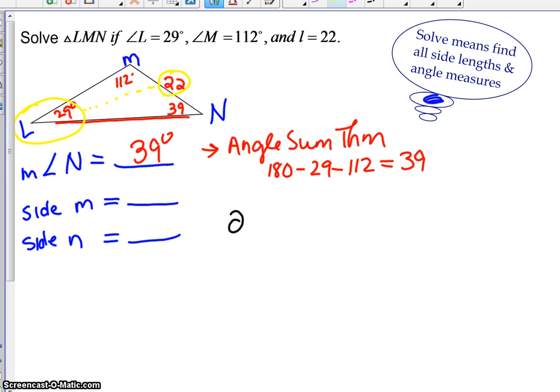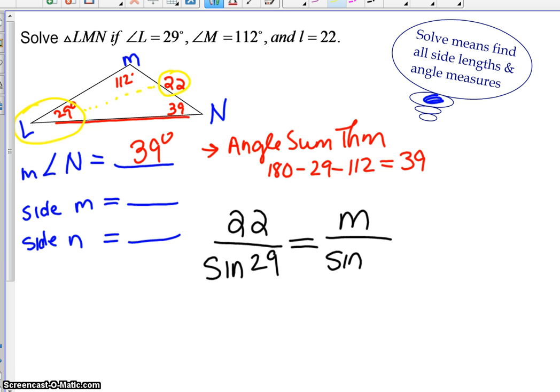So I'm going to say 22 is the side length across from the angle of 29, so I'm going to say over sine of 29. That equals, let's start with M, side M over the sine of that angle M, 112. So what I need to do now is cross multiplication.